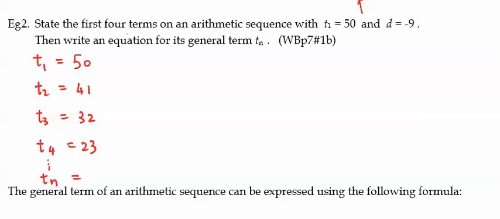Now let me go back to term 1 and term 2 and term 3 and term 4. Instead of getting 41 here, I can express this as 50 plus -9. As I said, when we are talking about an arithmetic sequence, I want to consider adding a positive term or adding a negative term. In this case, I am adding -9 to term number 1. And then as I move on to term number 3, starting from the first term again, I will be adding -9 2 times.